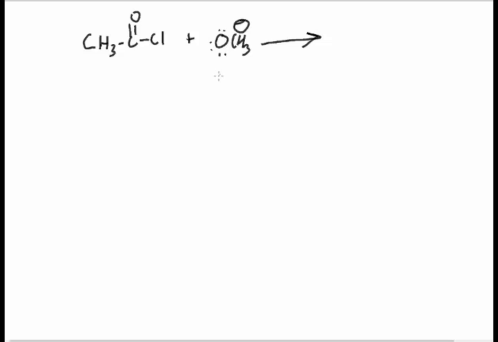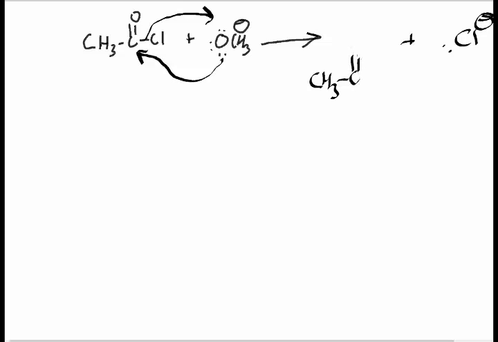Like this. And the leaving group comes off with its pair of electrons. The byproduct then is the chloride ion broken off. That's the leaving group. And taking its place is the methoxide ion. You want to form the new bond between the oxygen and the carbonyl carbon, so we're going to draw that like so.